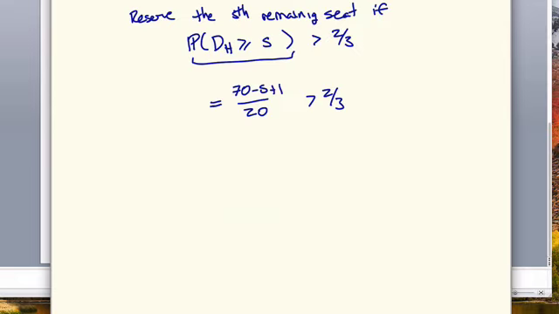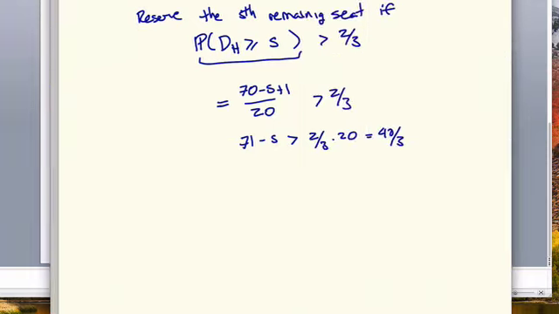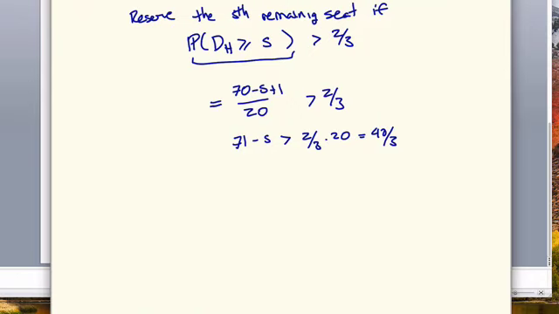I would multiply by the 20 on both sides. So I get 71 minus S is greater than 2/3 times 20, which is 40/3. Then I put the S on this side and the 40/3 on this side.